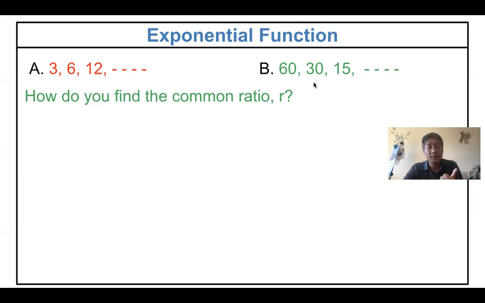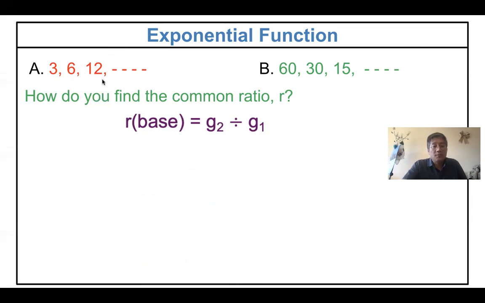So to find the explicit formula, the sequence formula, how do you find the base? r is equal to the second term divided by the first term, or the third term divided by the second term.